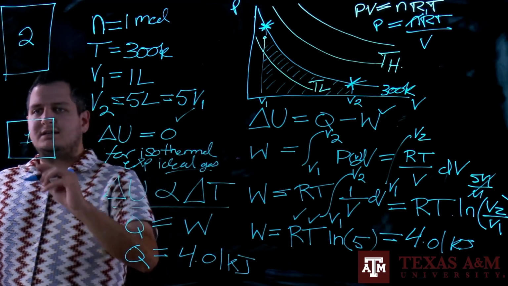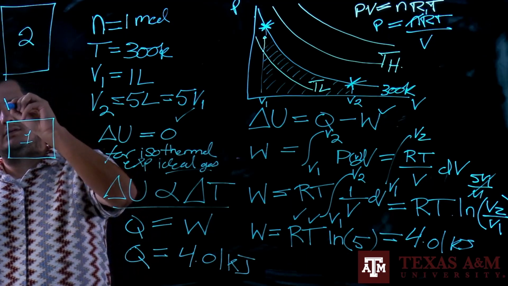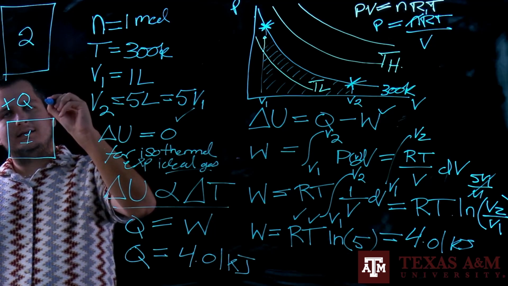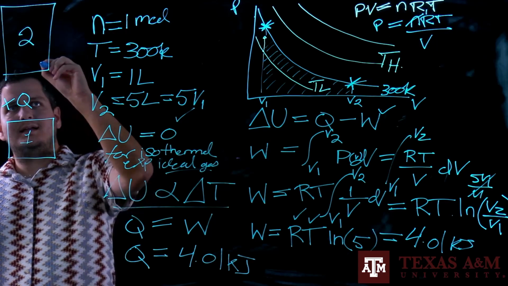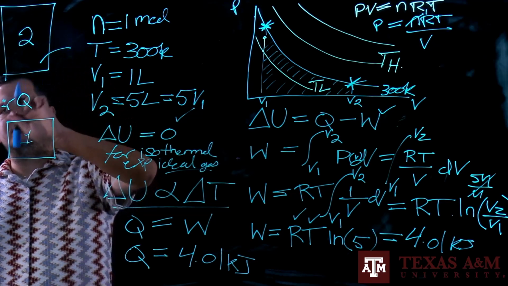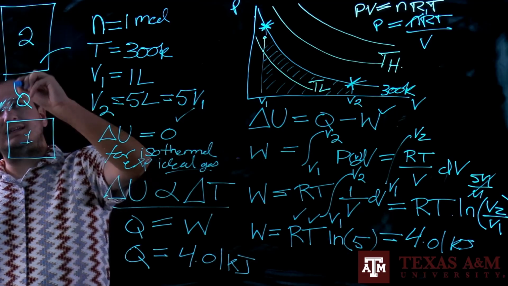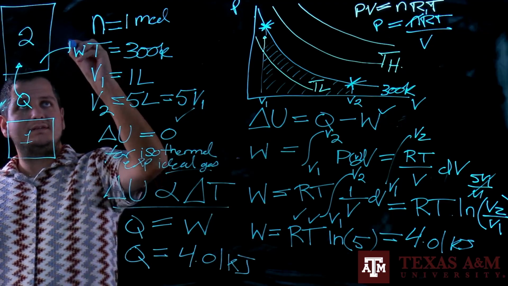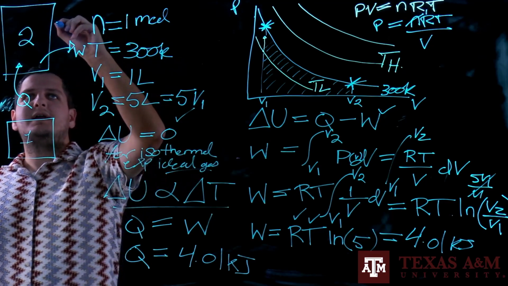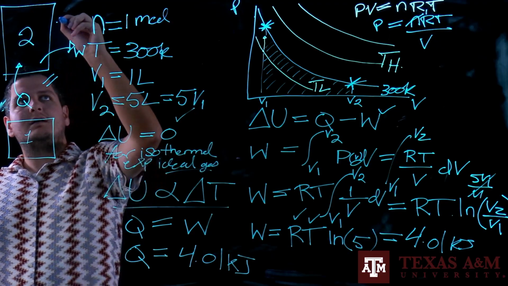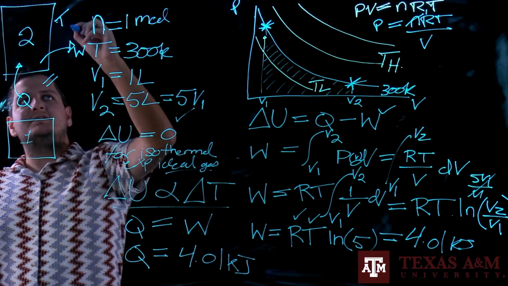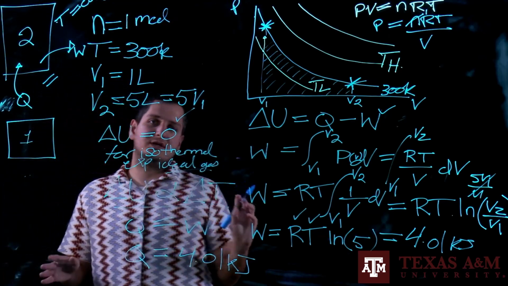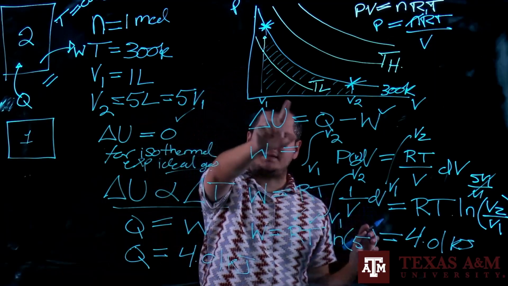What we have here is to get from 1 to 2, we added heat and work was done by the system. Heat goes in, work leaves, right, to expand the system. And when that's done equally, T is constant, okay, for an ideal gas, right? And this is just using our path here, okay?